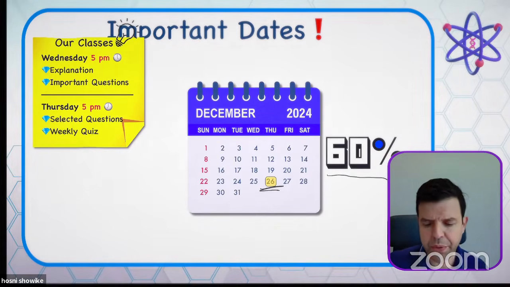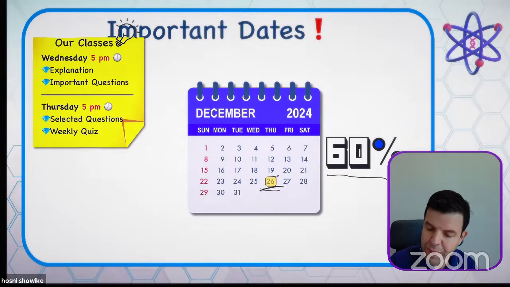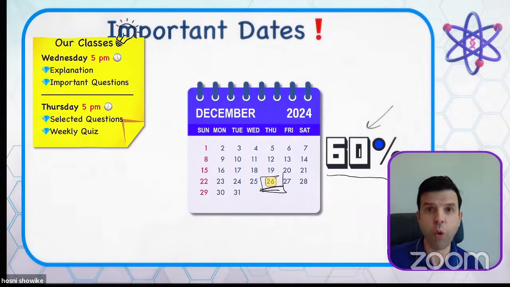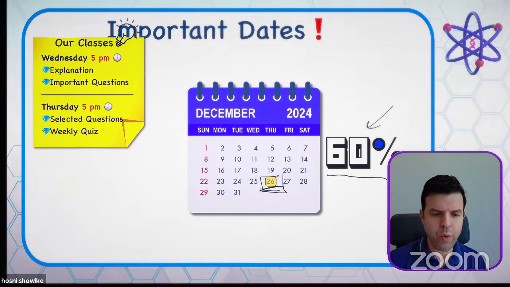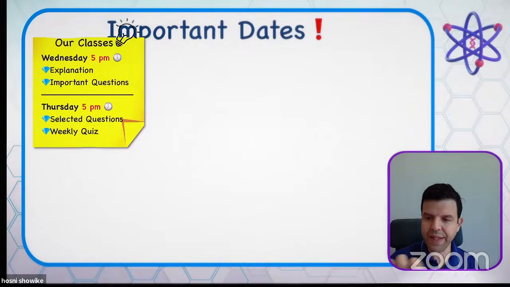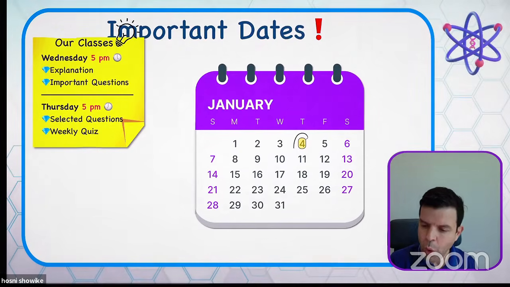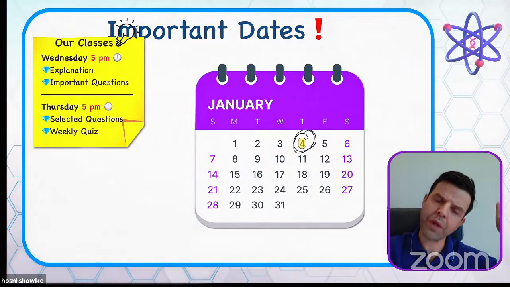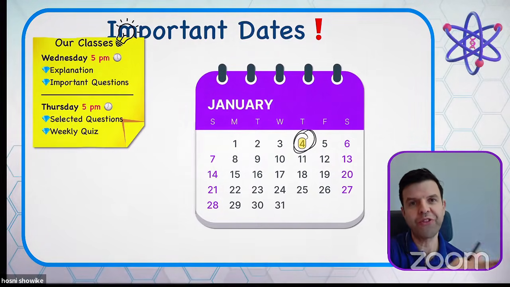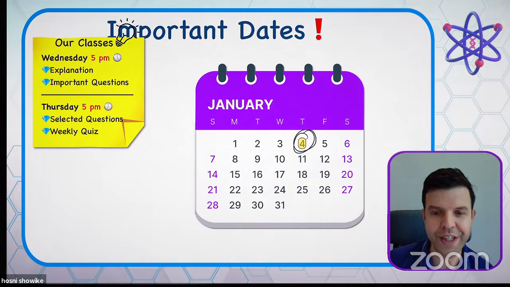So December 26th, we're expected to be done with 60%. That's more than half, obviously, of the syllabus. And when we return back the next year on January, we will have a mock test. That mock test will cover those 60% that we've already studied.